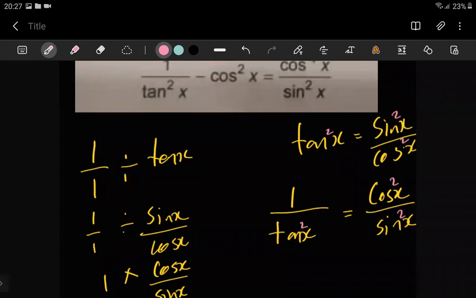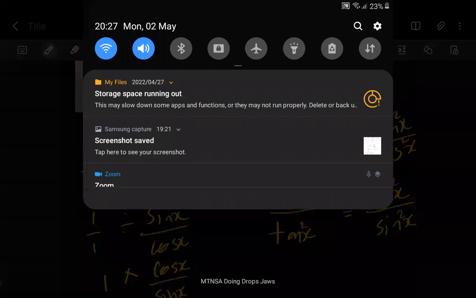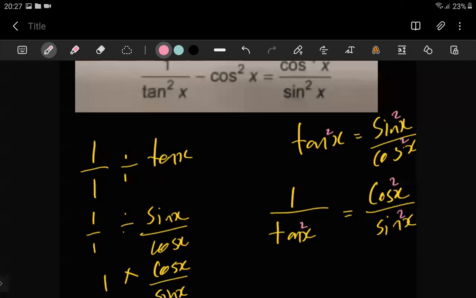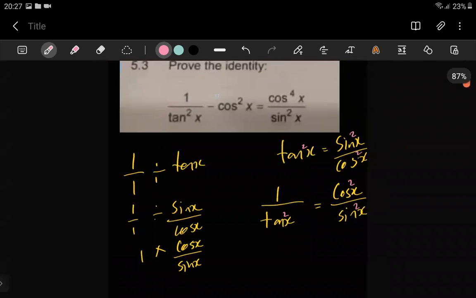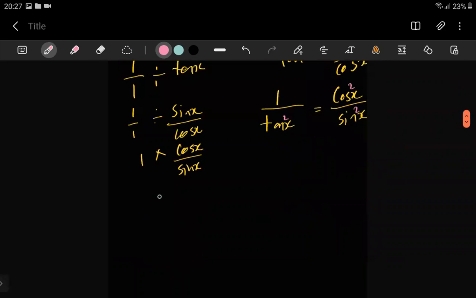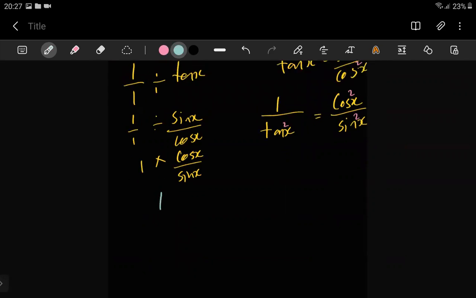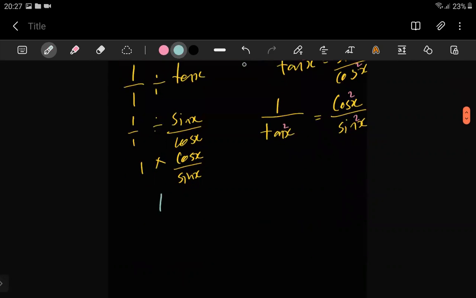So what that means is, from the get-go, you need to keep in mind that while we have here 1 over tan squared x, we can automatically change it.